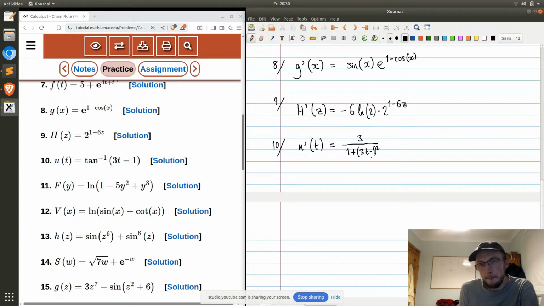And perhaps they might want it as 9t squared minus 6t plus 2. Perhaps. Don't know. But now we must check.